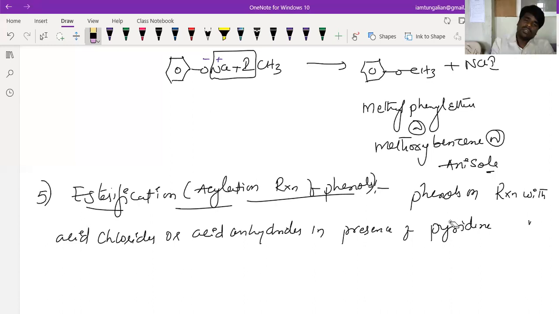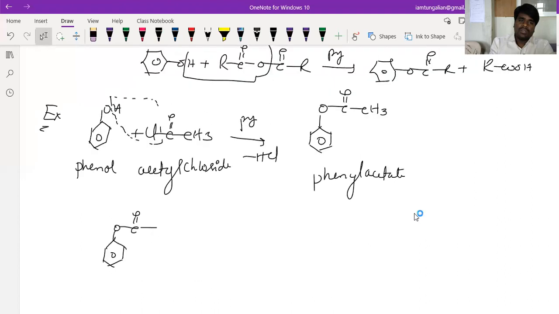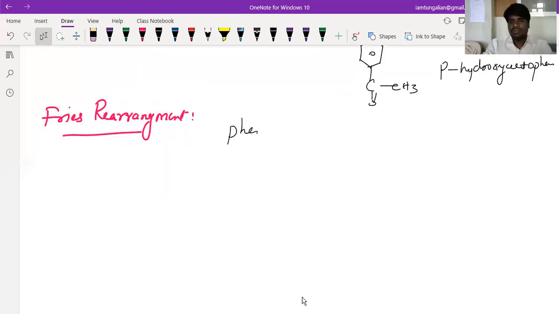Phenols on reaction with acid anhydride or acid chloride, in the presence of the corresponding acid, with the elimination of carboxylic acid, form an ester.